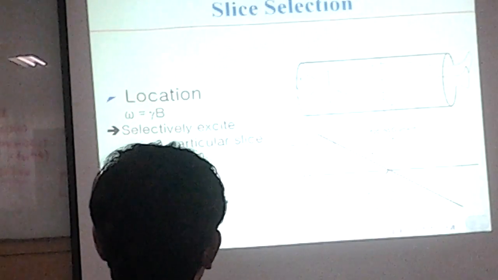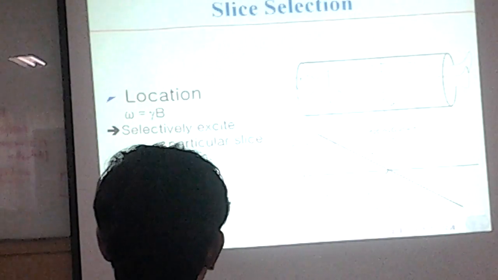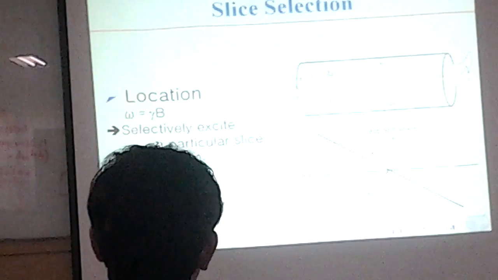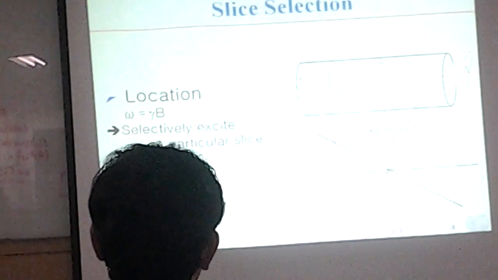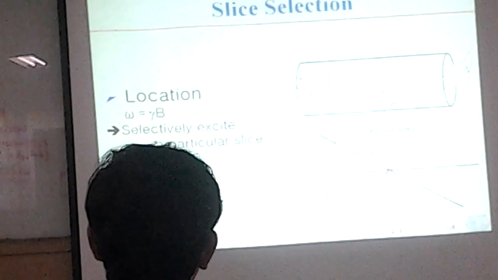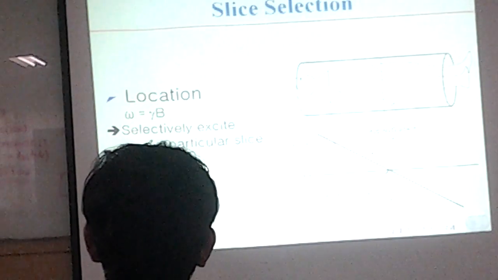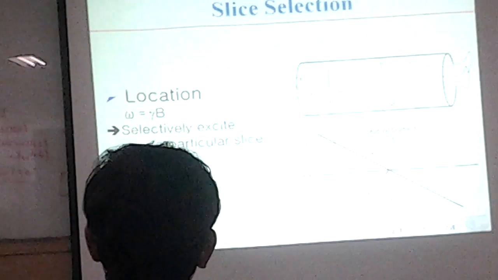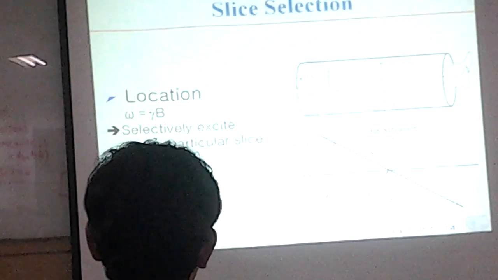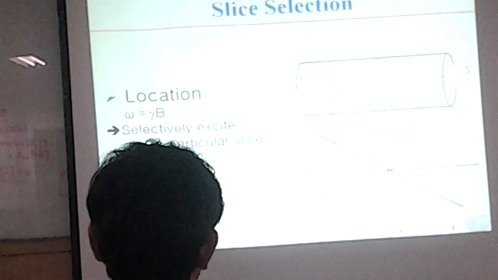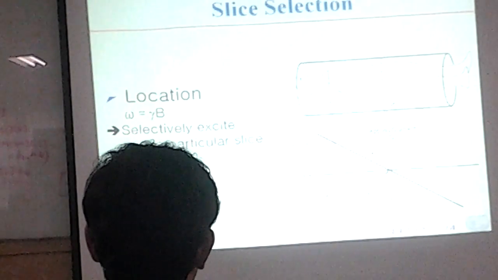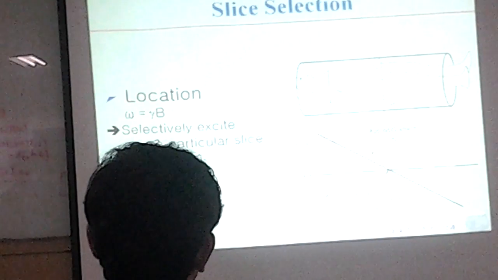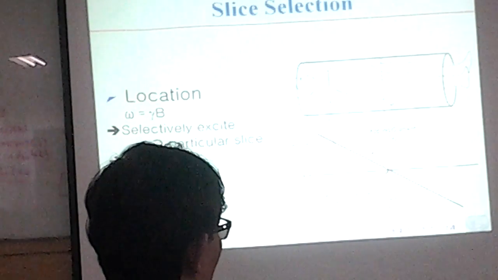Then let's assume that the precession frequency is omega here, and the RF pulse has a center frequency of omega. Then the RF pulse excites the spins in this area due to the resonance phenomenon. Do you understand the resonance phenomenon?